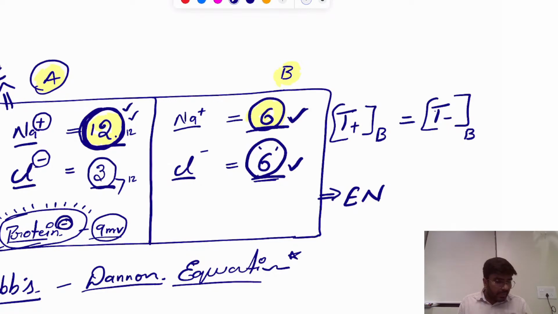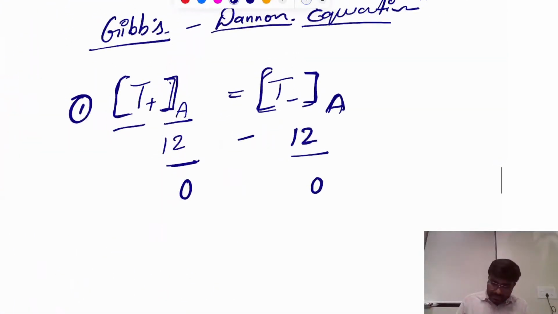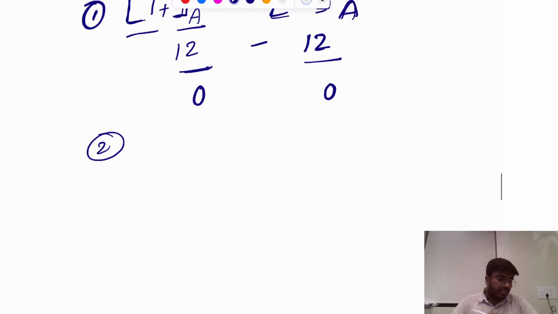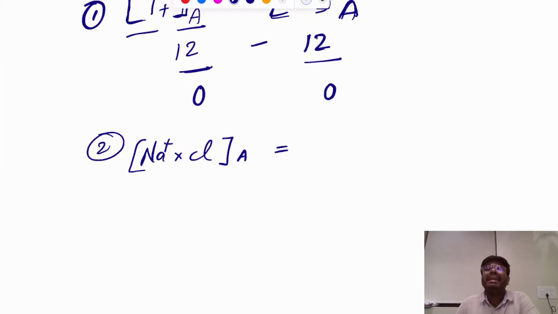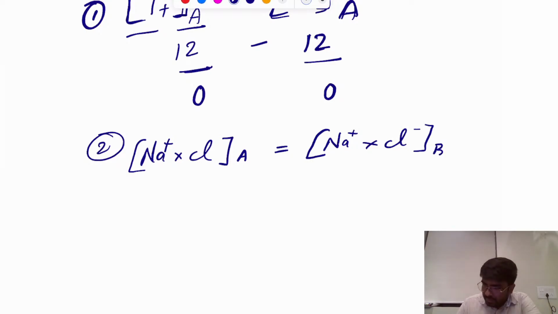Next, the second thing: the product of sodium and chloride in compartment number A should be equal to the product of sodium and chloride in compartment number B.